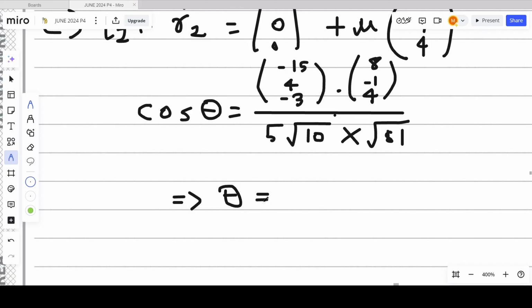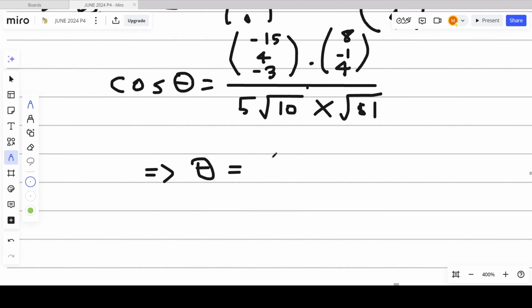Taking cos inverse, keep your calculator in degree mode, we get 162.8839 something degrees. Since cos theta was negative, we got this obtuse value for theta.